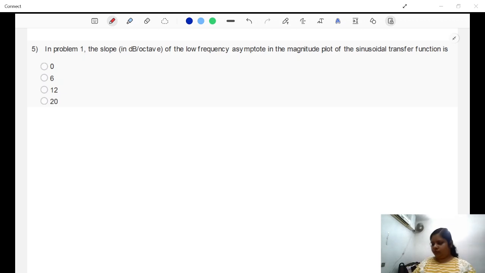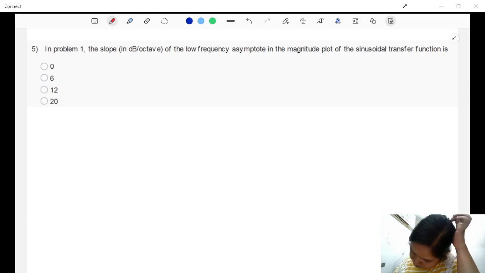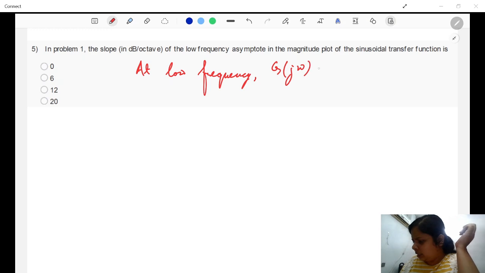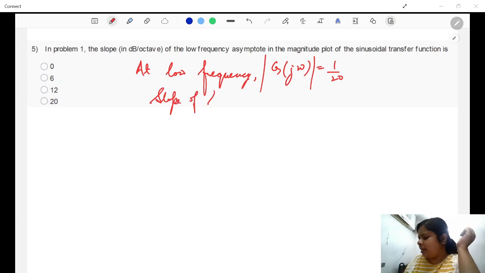In the same question, try to find the answer to this question, given that at low frequency, we already saw now, g of j omega is equal to 1 by 20, right? We saw this. So what is the slope of low frequency asymptote?